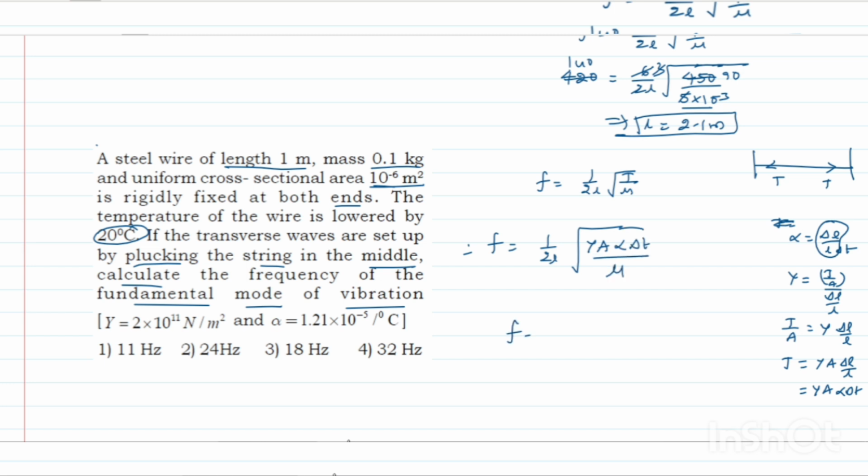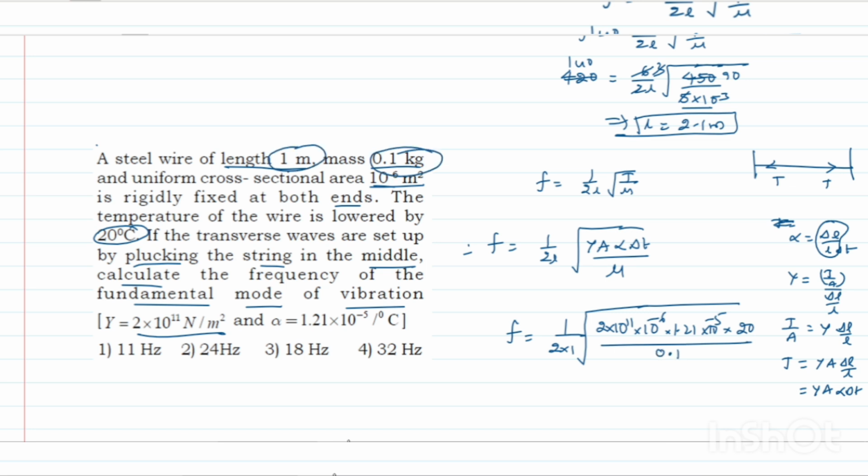F equals 1 by the length of the wire, 1 meter, into Young's modulus 2 into 10 power 11, into area 10 power minus 6, into alpha 1.21 into 10 power minus 5, into delta T, lowered by 20 degrees Celsius, by the linear mass density, mass per unit length: the mass is 0.1 and the length is 1 meter, so 0.1 by 1 is 0.1.